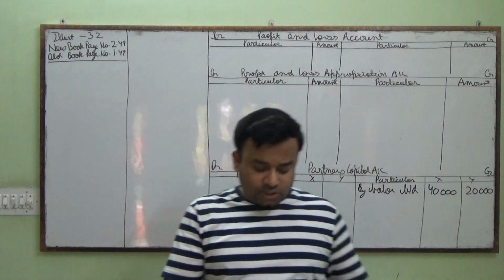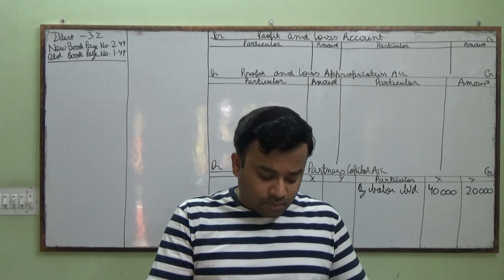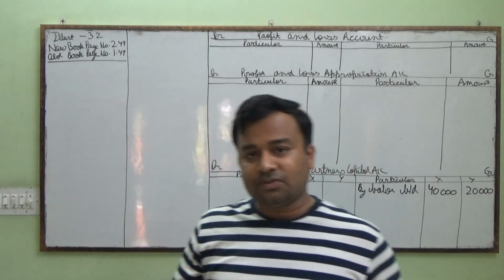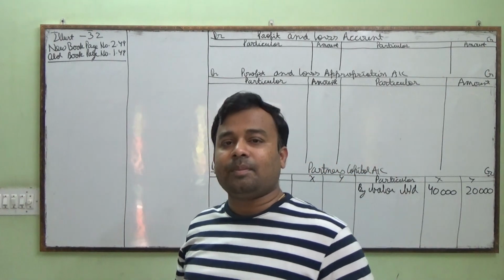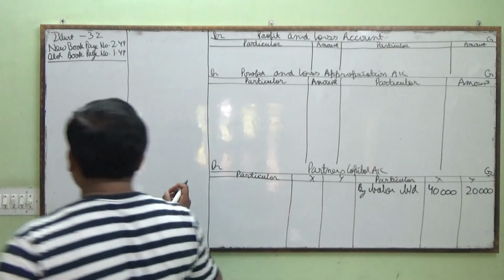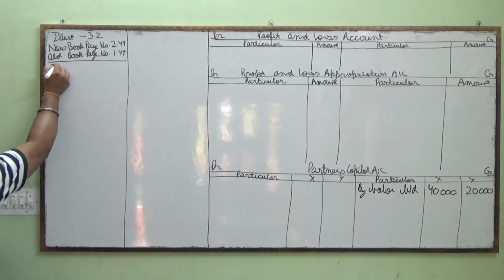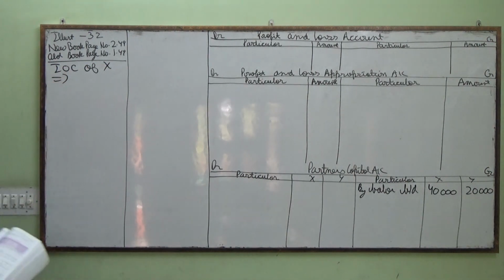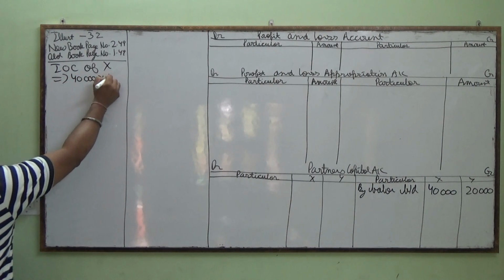Now, they share the profit in the ratio of 3:2. They are allowed interest on capital at the rate of 10% per annum. So first we calculate interest on capital. Interest on capital of X is capital of X, 40,000, at the rate of interest 10%.